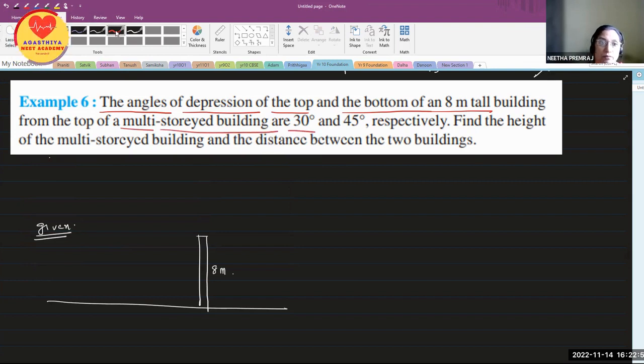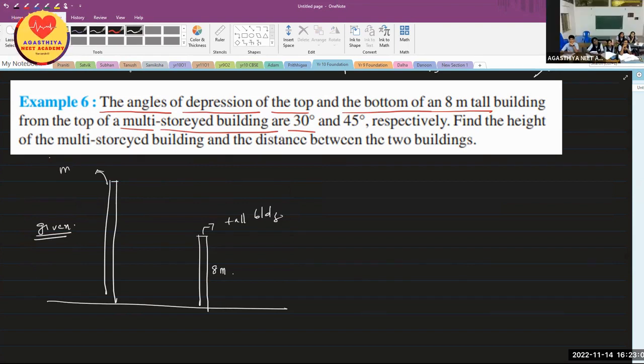There is another building which is a multi-storied building. This is a tall building.